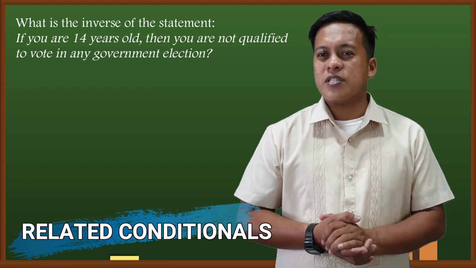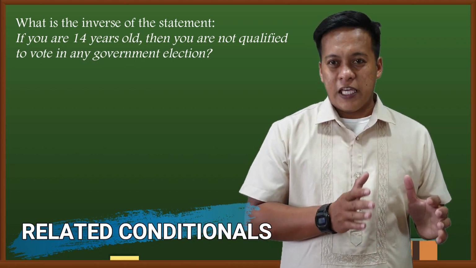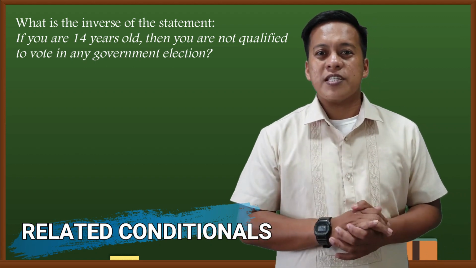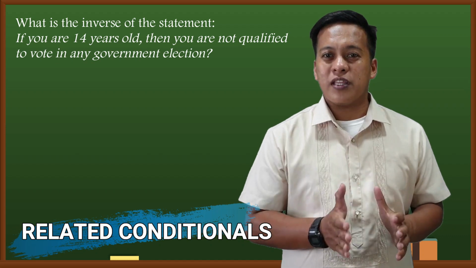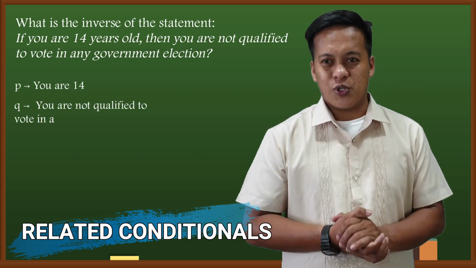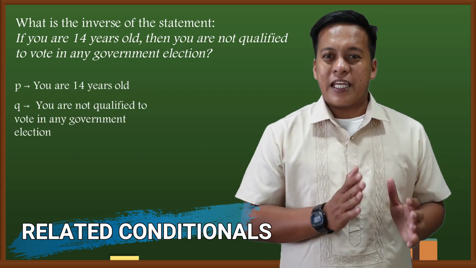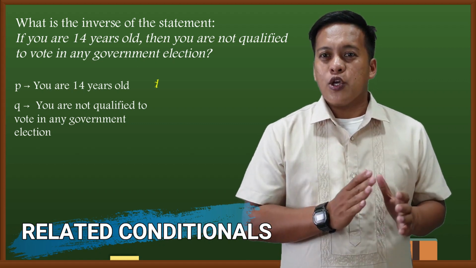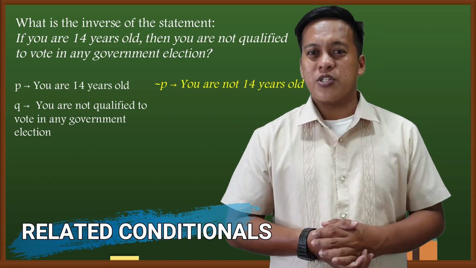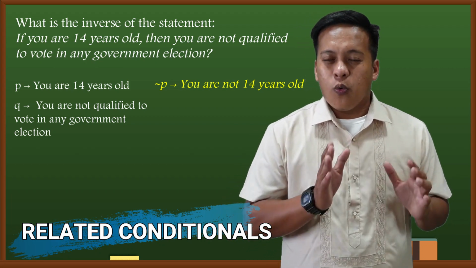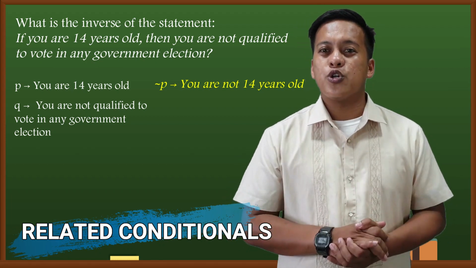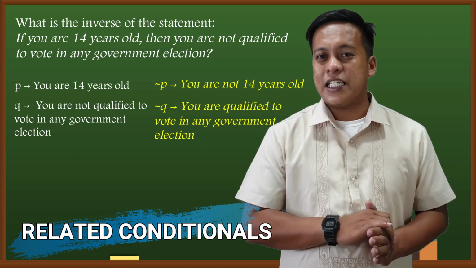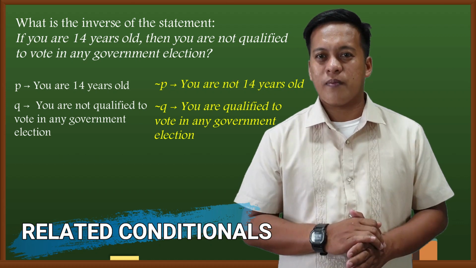Knowing that the inverse is of the form if not P, then not Q, we first get the negations of both the hypothesis and the conclusion. The negation of hypothesis is you are not 14 years old, while the negation of the conclusion is you are qualified to vote in any government election.